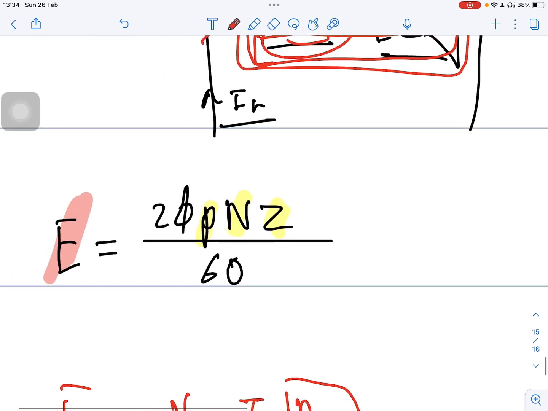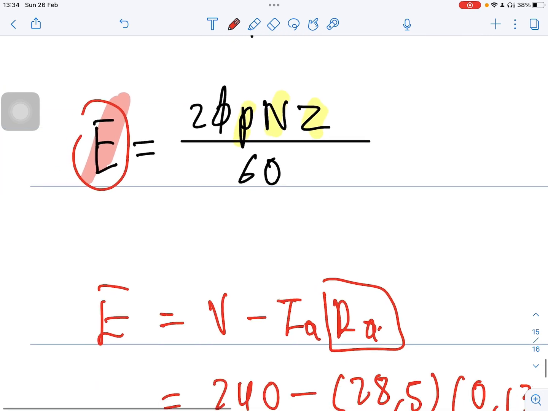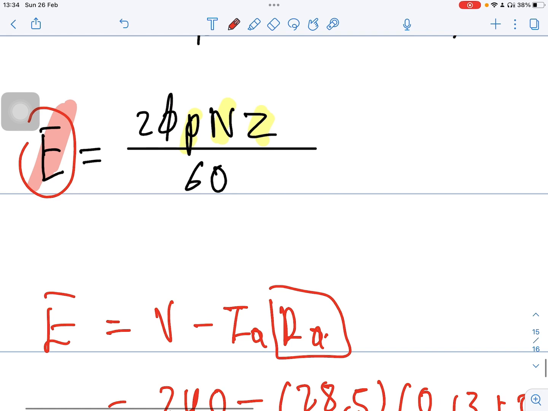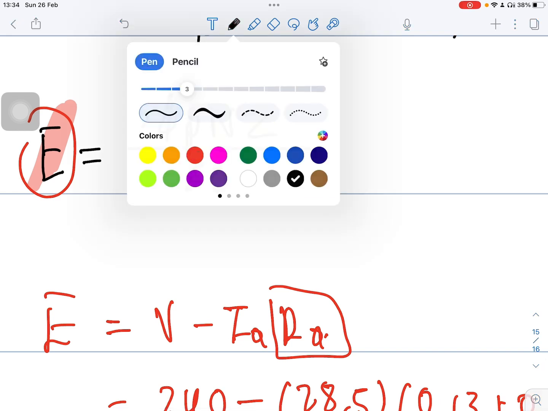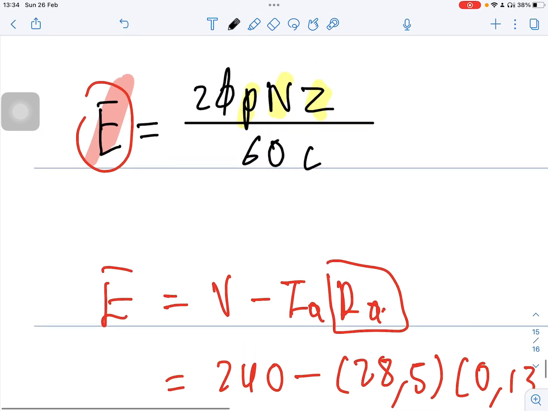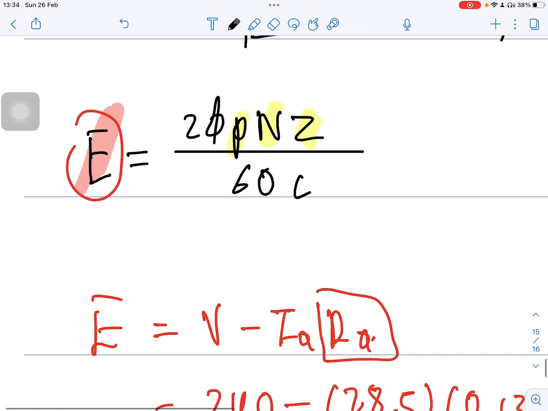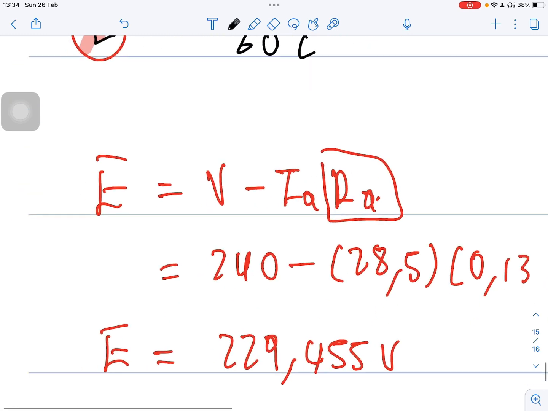Now I've calculated the back EMF. What I must do now is to substitute it into the formula, to manipulate and find the flux.